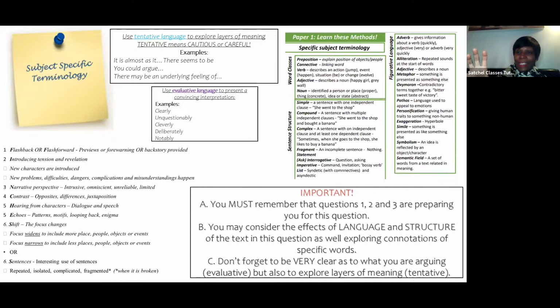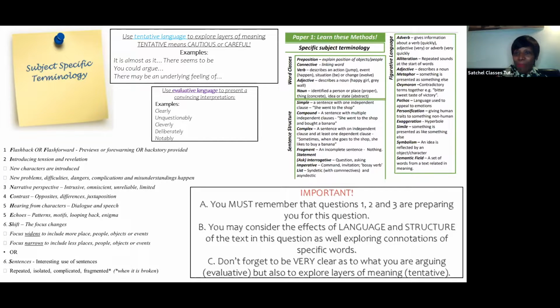Now, this is quite a full packed PowerPoint, but it's just reminding you about subject terminology. You might look for prepositions and adjectives and complex sentences and exaggeration, which are the language features, but you might also look at the structure features. So you might look at flashback or foreshadowing.